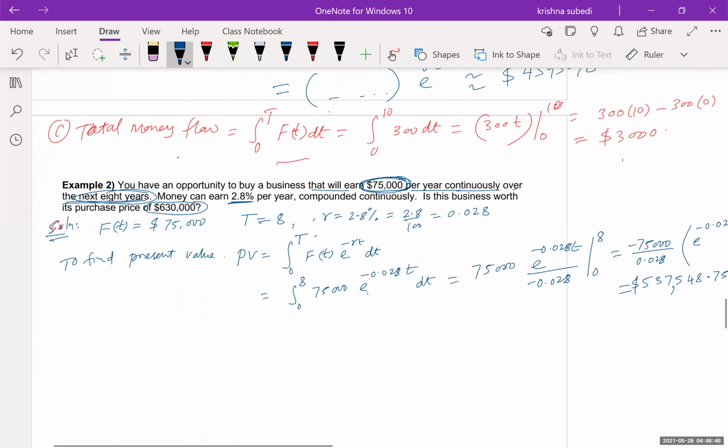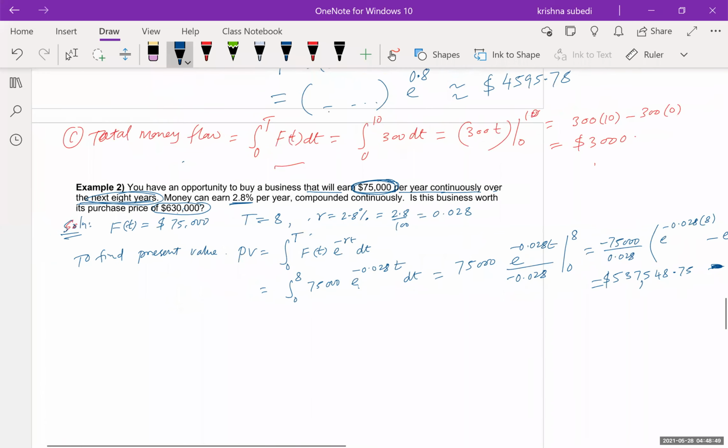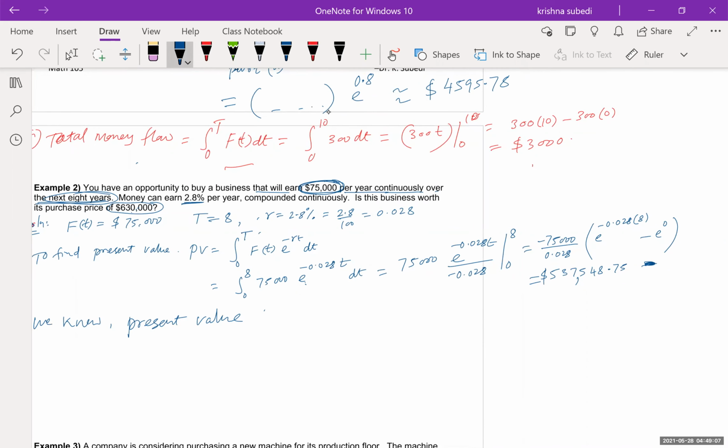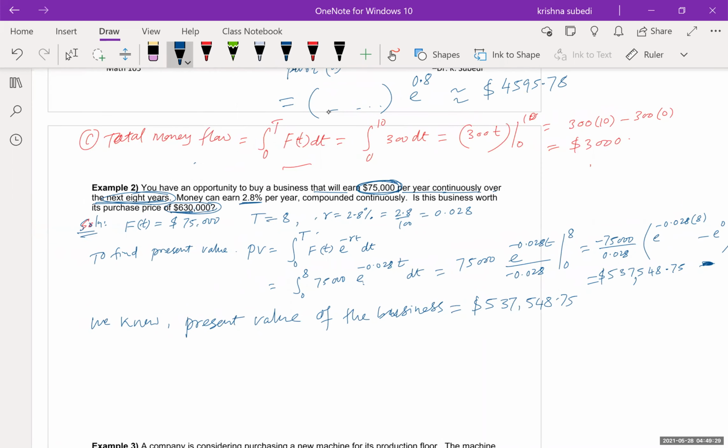Now the question is, is this business worth its purchase price? So now what we found is our present value of the business equals $537,548.75, and you see the purchase price is $630,000.